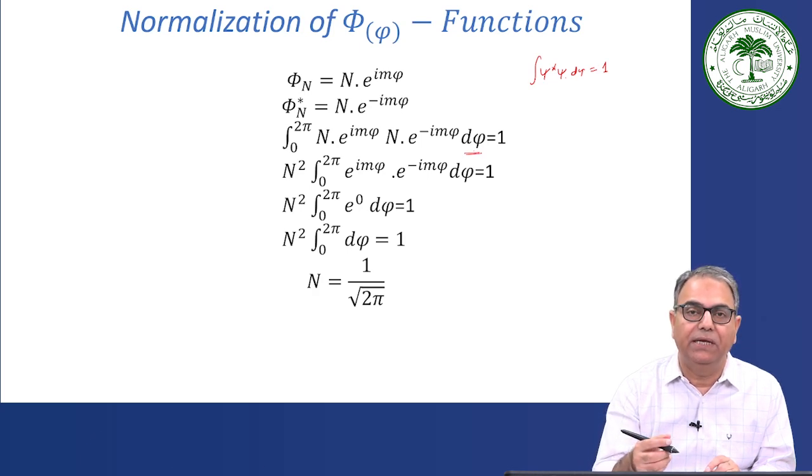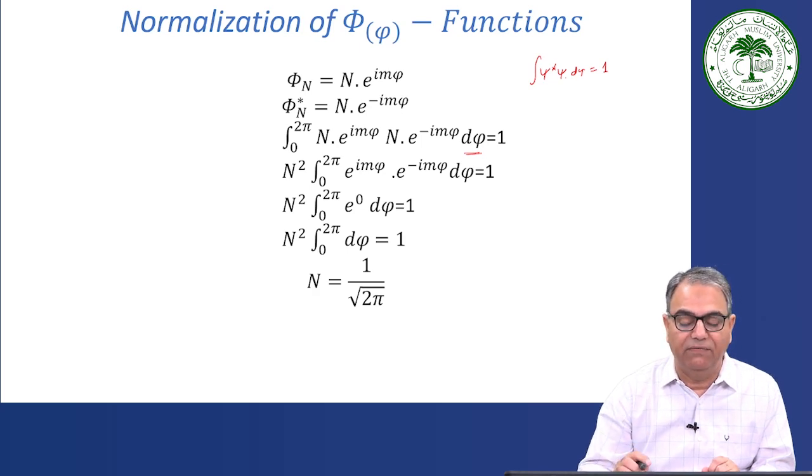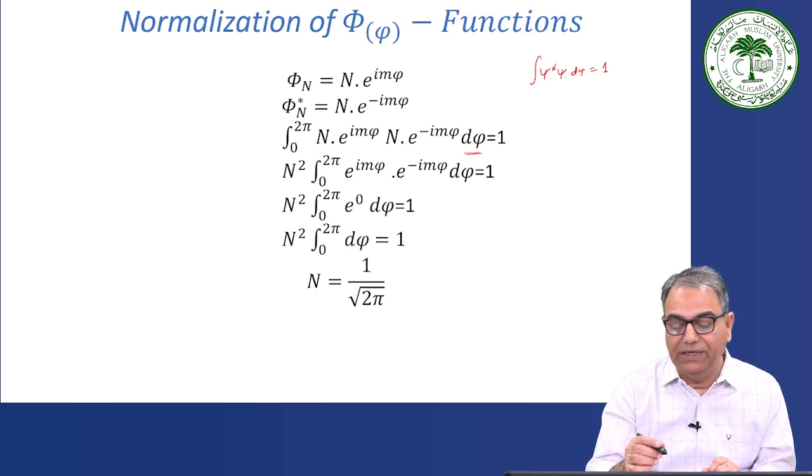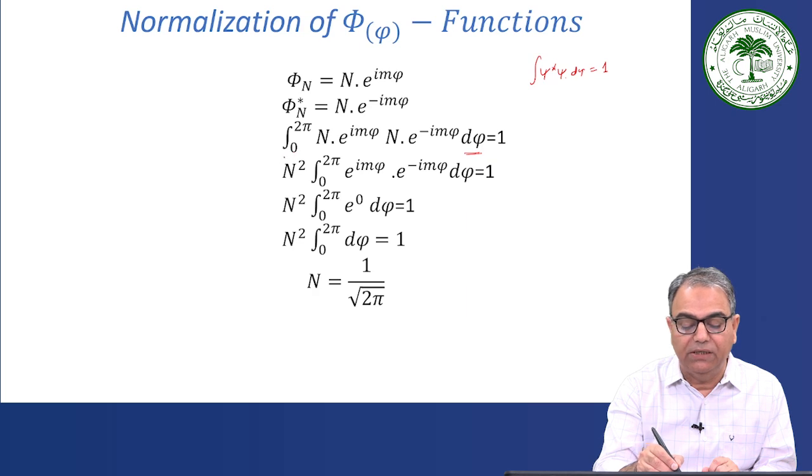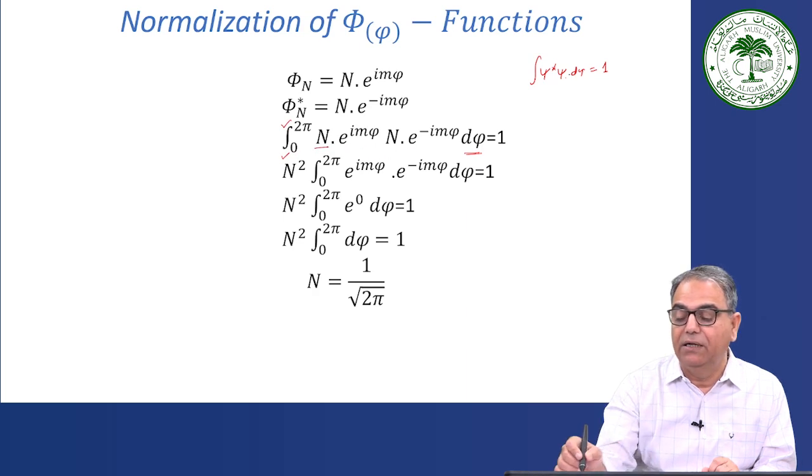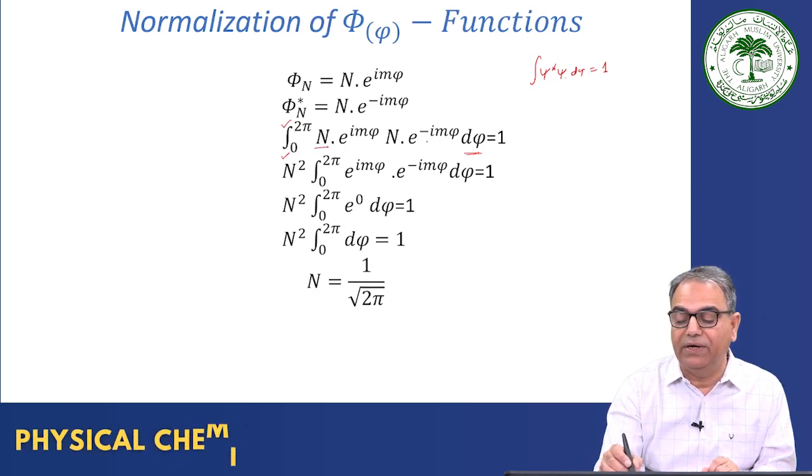I am saying this time and again, because this should be in your brain at every point. So, phi varies from 0 to 2 pi; the lower limit is 0, the upper limit is 2 pi. N is the normalization constant. So, N e to the power i m phi, and then again the complex conjugate, N e to the power minus i m phi, with the normalization constant.